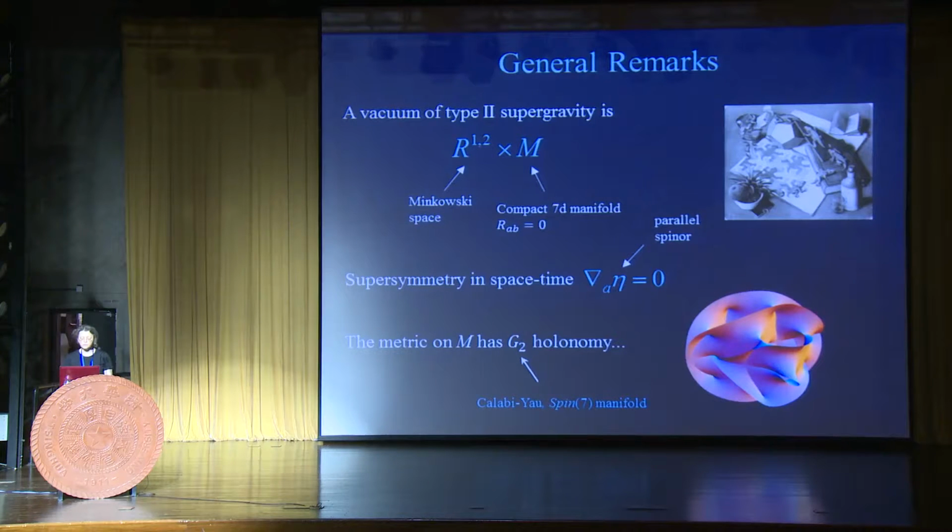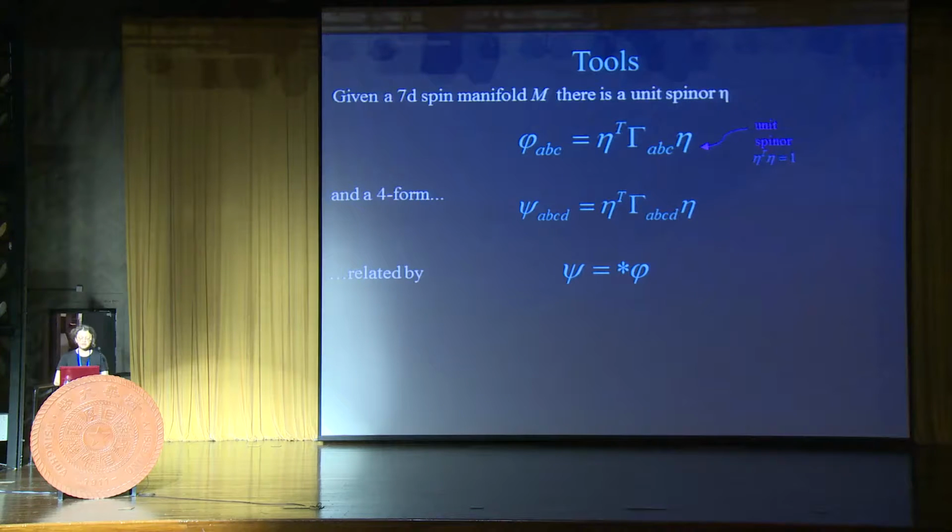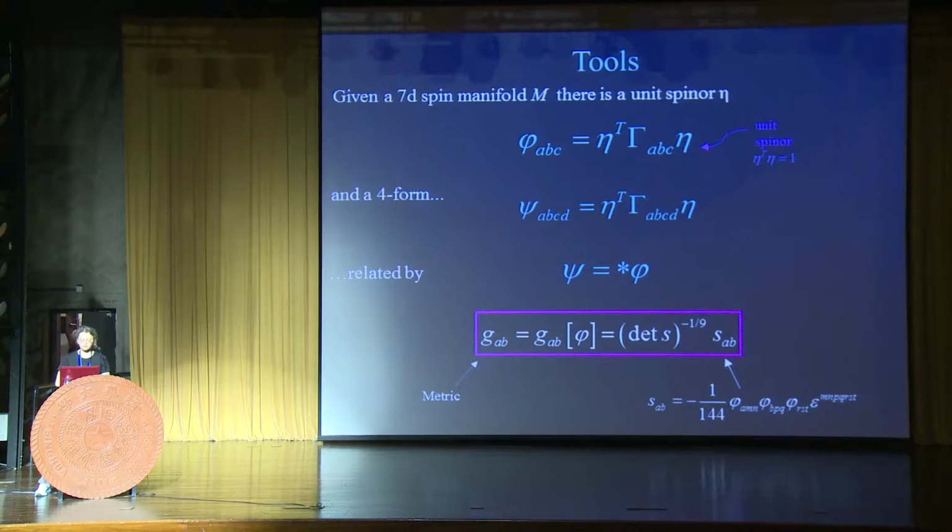Now, the basic tool to understand spaces on which parallel spinors can be defined are tensors constructed as spinor bilinears. So in this case, we have a 3 form and we have a 4 form, and they're related by Hodge duality. Now, in some sense, such a globally defined 3 form is more fundamental than the metric, since given such a 3 form, we can obtain an expression for the metric in this fashion.